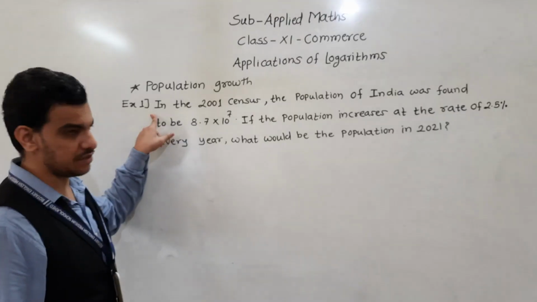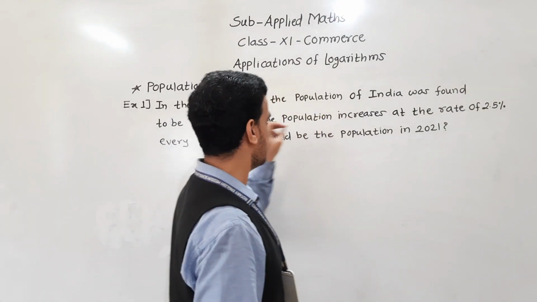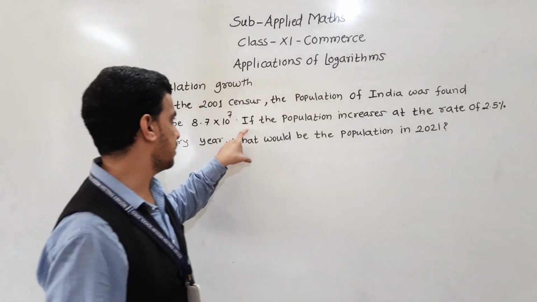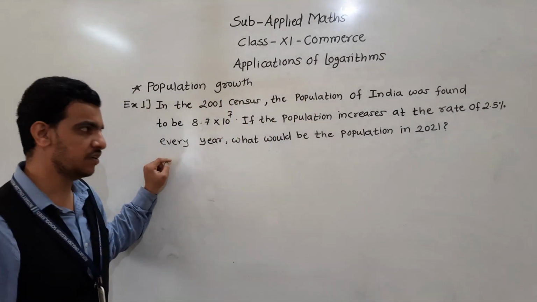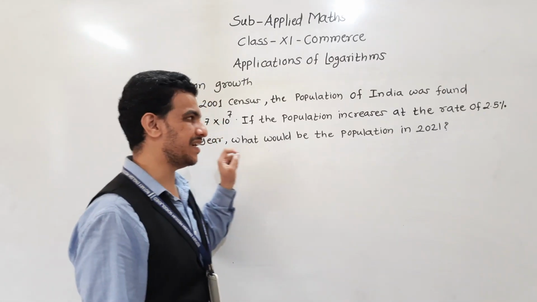Okay, the first example is: in the 2001 census, the population of India was found to be 8.7 into 10 raised to 7. If the population increases at the rate of 2.5% every year, what would be the population in 2021?